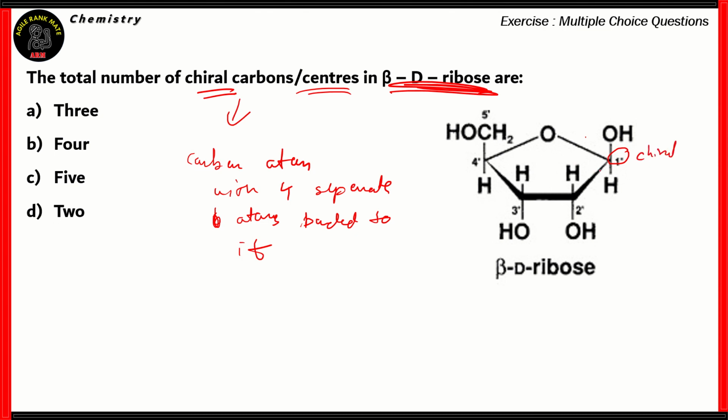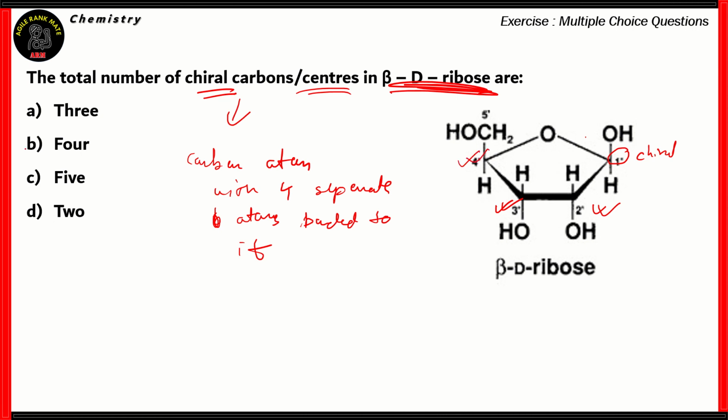If you look at 2, you can see that it's connected to an OH, a CHOH, an H, an OH, and a CHOH. So as you can see, 4 different groups. So therefore, this is also chiral. Similarly, 3 is also chiral, and 4 is also chiral, because 4 is connected to oxygen, hydrogen, CHOH, and CH2OH.